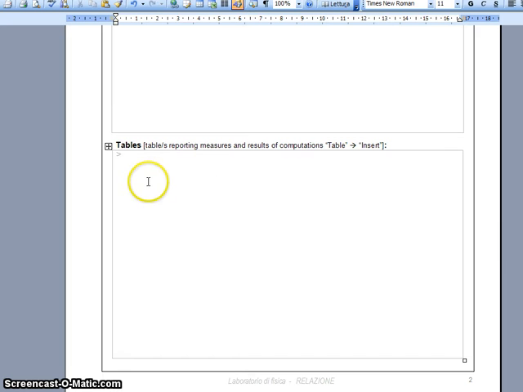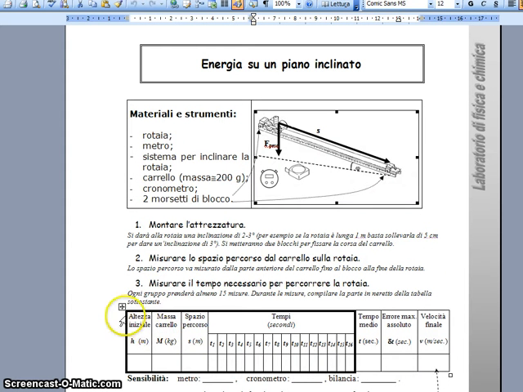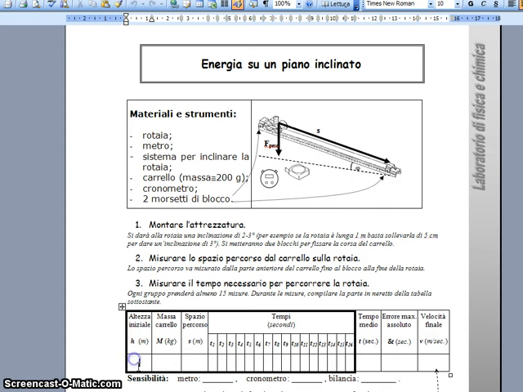Later you have to write the measures. You have to use the table with the data taken during our experiment. I mean, you have to put this table with the data.